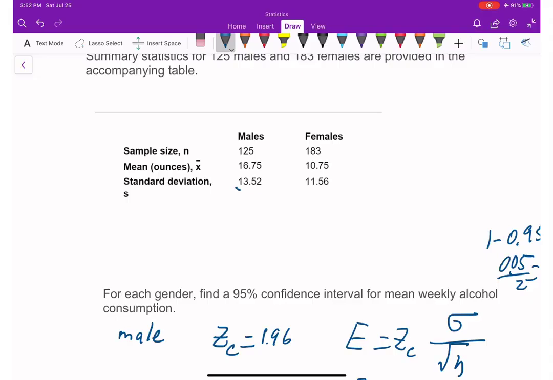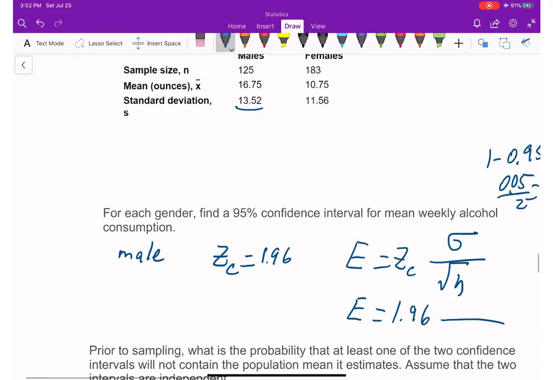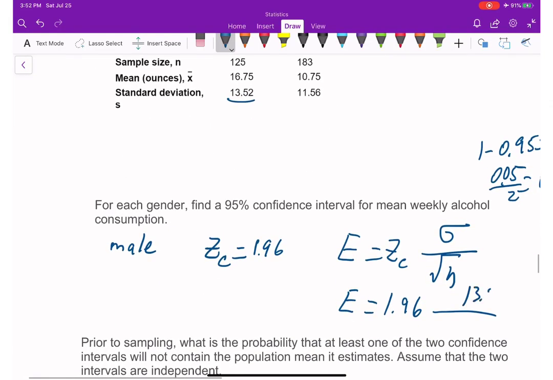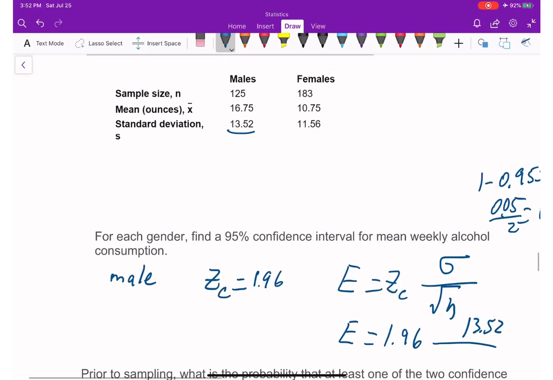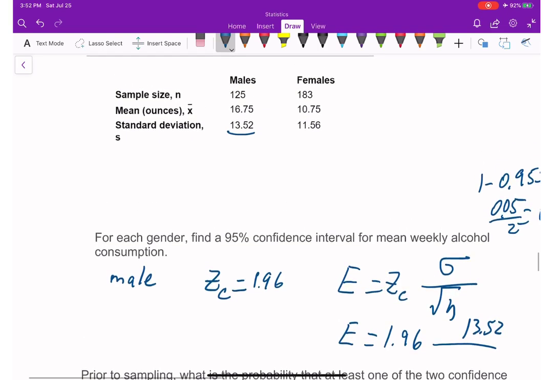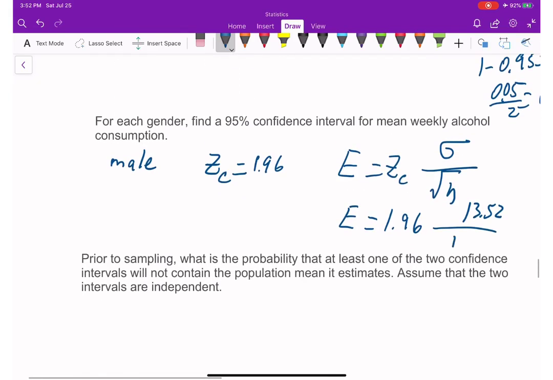For male 13.52. And divide by square root of 125, the sample size.